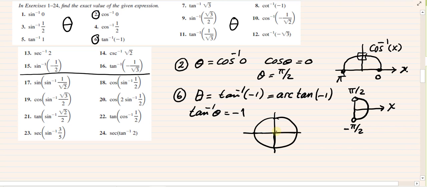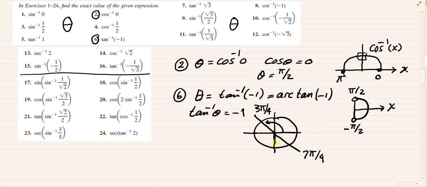So it's negative in the second and fourth quadrant. The measures of the angles here would be 3 pi over 4 and 7 pi over 4. So that's where tangent is -1.